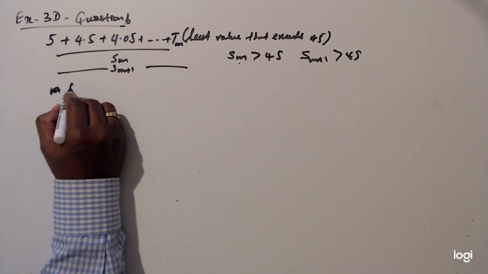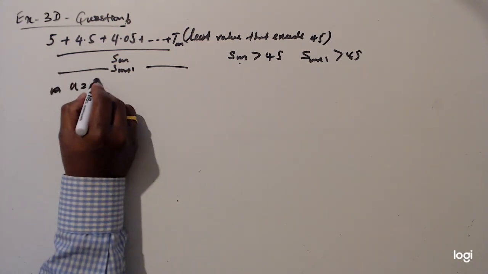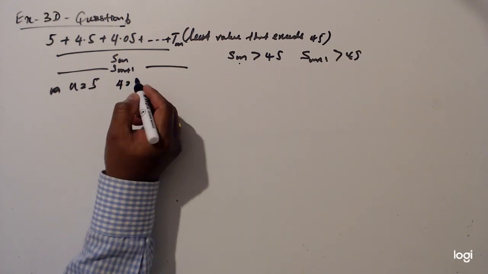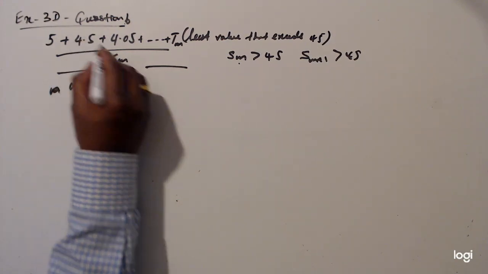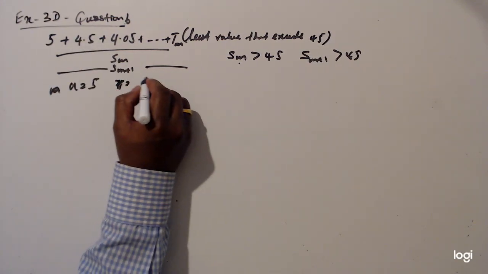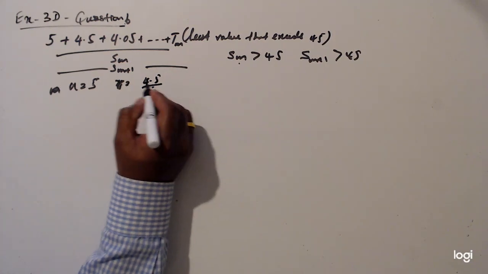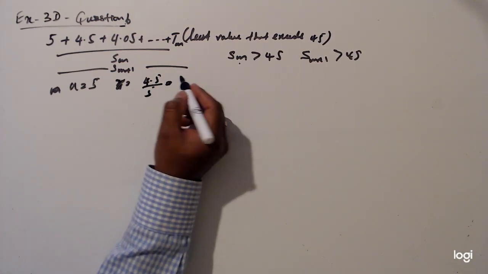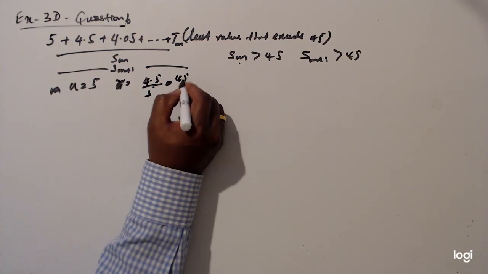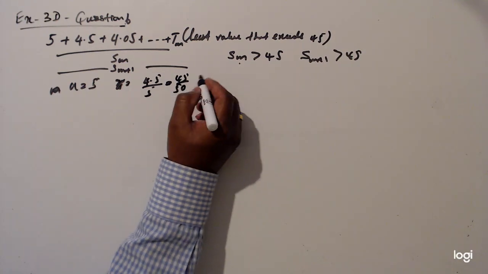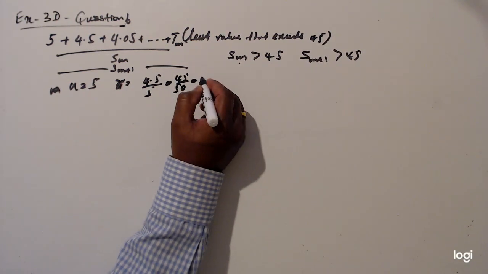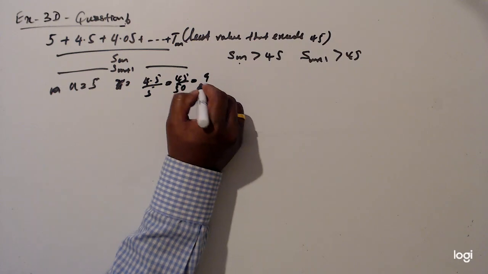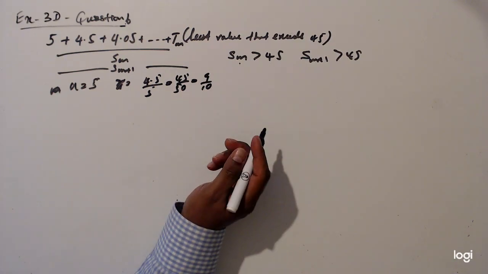Yeah, assume first of all A is 5, R is 4.5 divided by 5, that is 45 over 50, 9 over 10, that is 0.9.